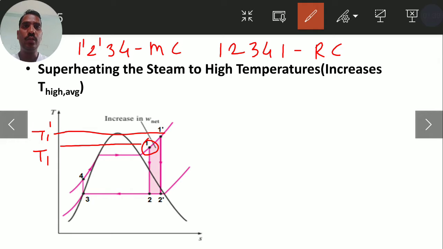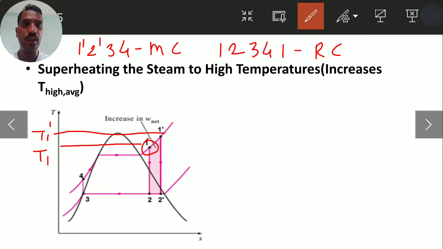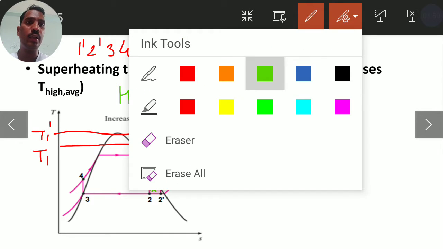Now because of these modifications, the cycle area increases by this highlighted region. This green colored area is increased, which indicates that the heat supplied increases, that is QS is increased. At the same time, the heat rejection area also increases. Which is the heat rejection area?